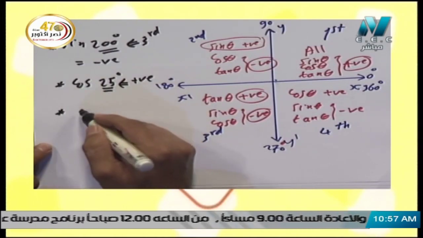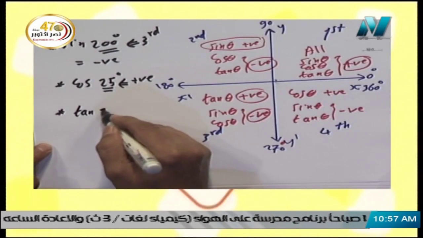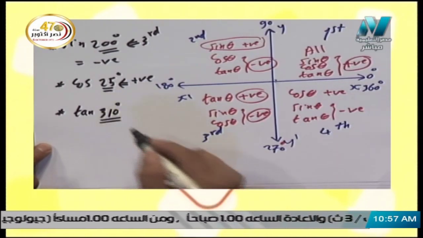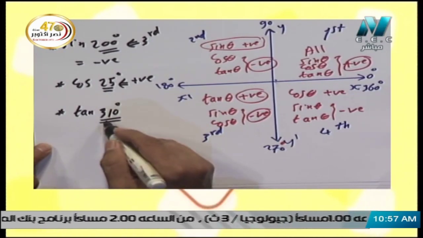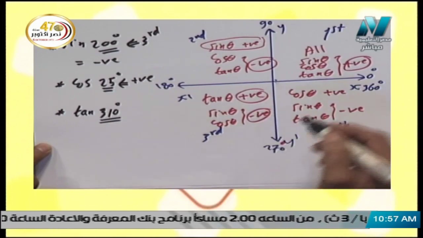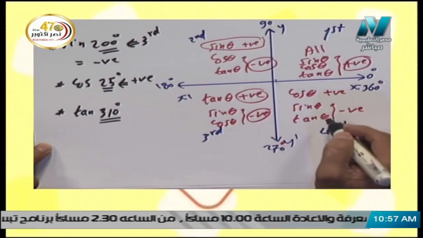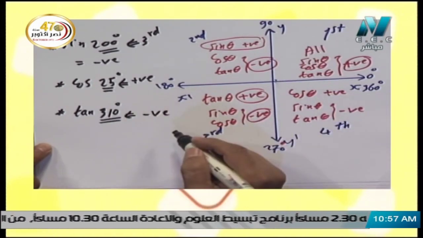If one asks us about 310 degrees, where does 310 degrees lie? It will lie in the fourth quadrant. So sine 310 in the fourth quadrant is negative, so this function will be negative.